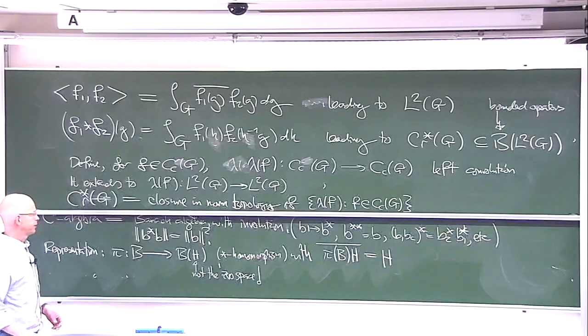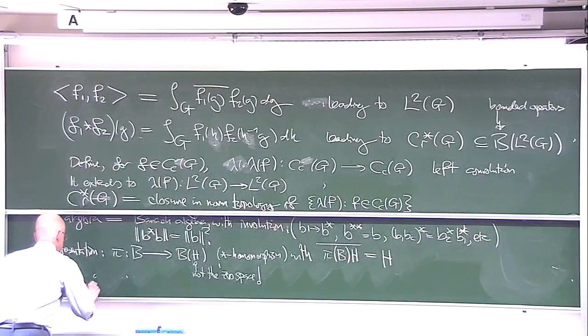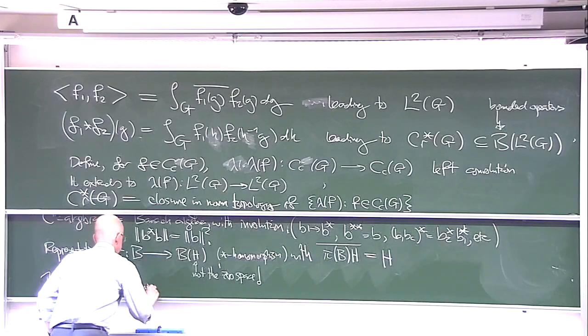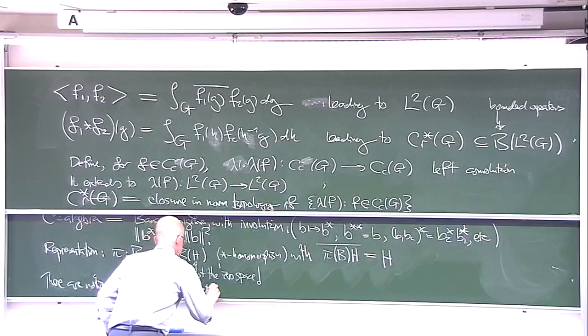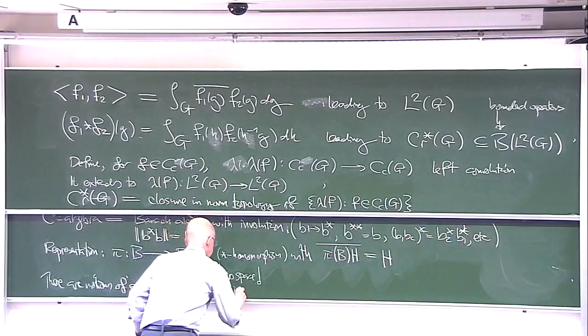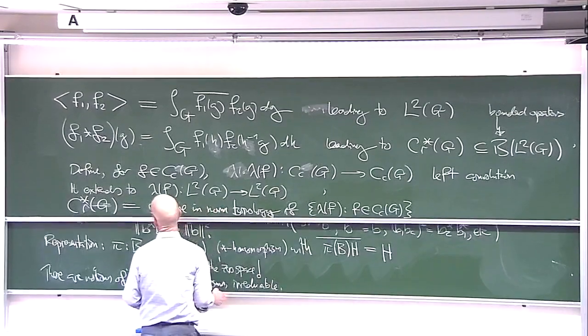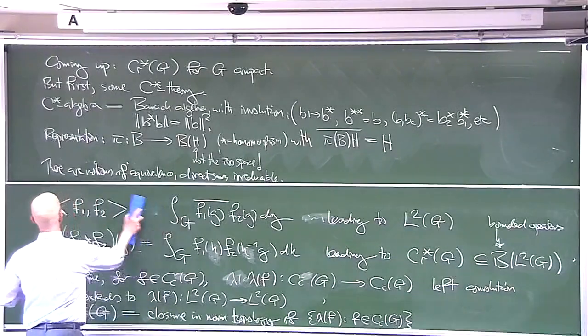And so you can do representation theory for C star algebras. Notions of equivalence, just like we had for groups. Direct sum, just like we had for groups. Irreducible, just like we had for groups. Nothing very fancy.